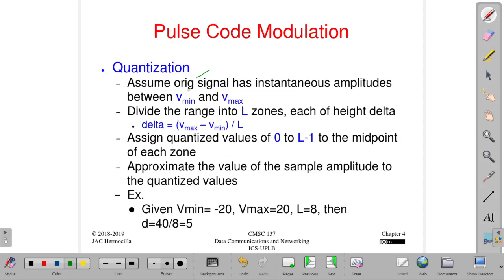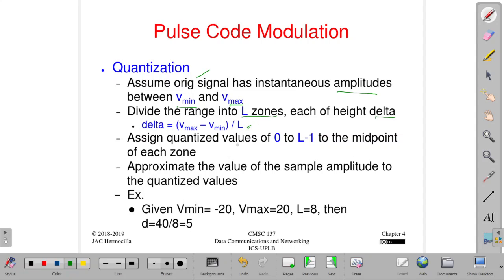So we assume the original signal has instantaneous amplitudes between Vmin and Vmax. Then we divide the range into L zones, each of height delta, wherein delta equals Vmax minus Vmin divided by L, the number of zones.